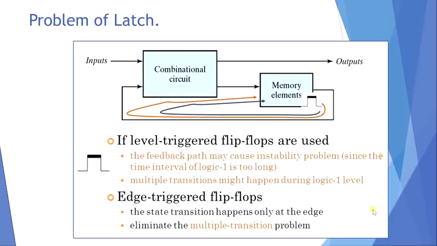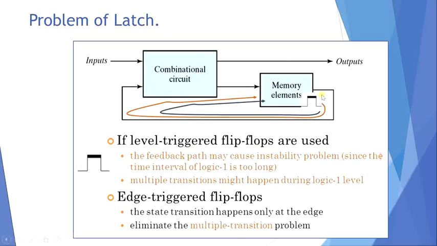Now, why do we move to flip-flops when we already have latches? If we are using level triggered flip-flops, then the feedback path will cause an instability problem because the time interval of logic 1 is too long, because this is a combinational circuit with memory elements.